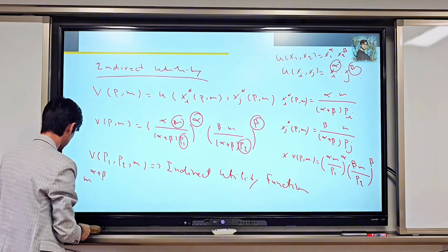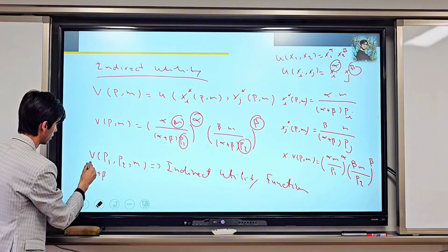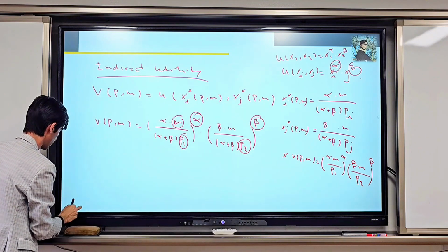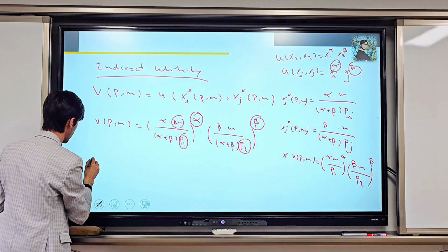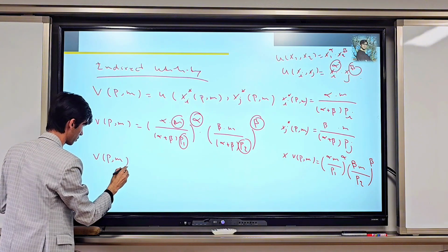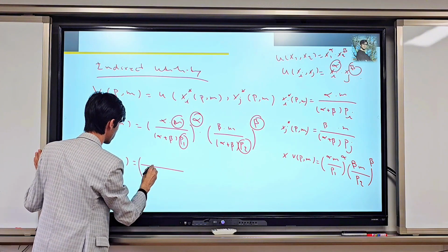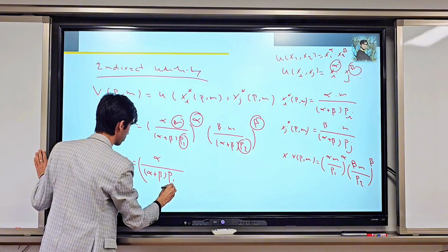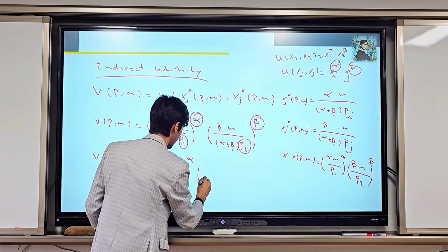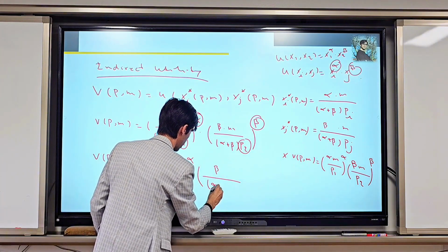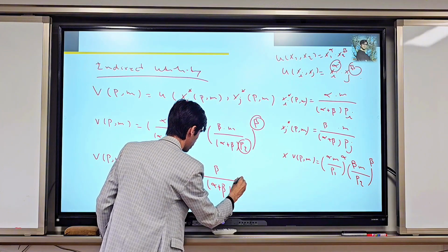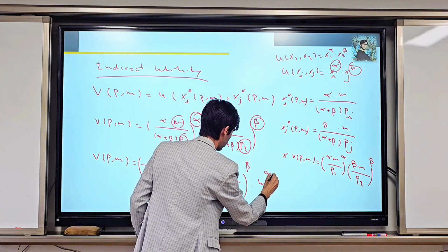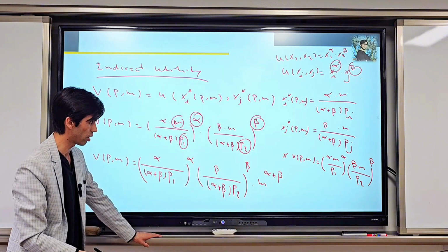So here we have V of P and M equal to alpha to the power of alpha, plus beta, P1 to the power of alpha, then beta divided by alpha plus beta, multiplied by P2 to the power of beta, multiplied by m to the power of alpha plus beta.